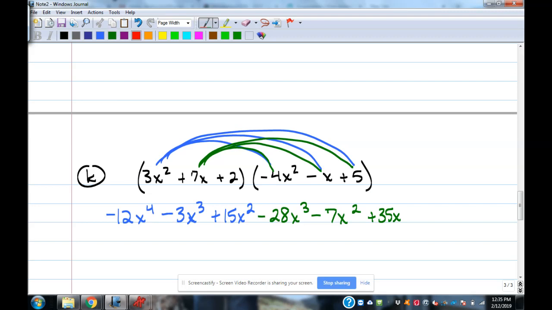Then I got to distribute the 2. That's the easy part because it just doubles everything. So that's negative 8x squared, negative 2x, and positive 10.